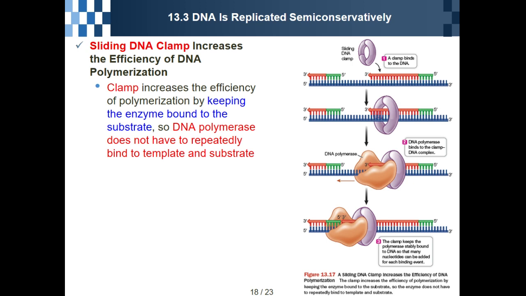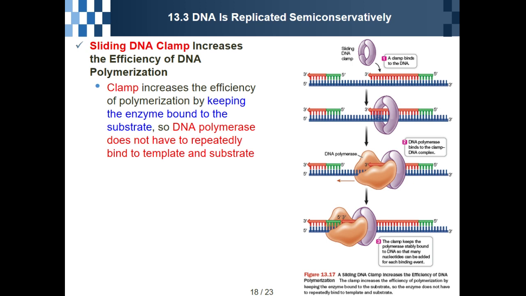Because by keeping the DNA polymerase bound to the strand, if the DNA polymerase cannot bind to here, after replication happens, sometimes they can be dissociated. This time it happened, there was no replication here.